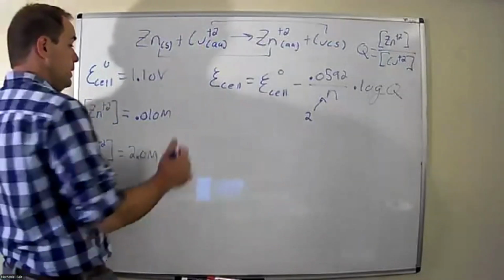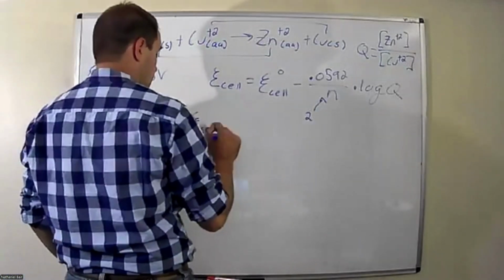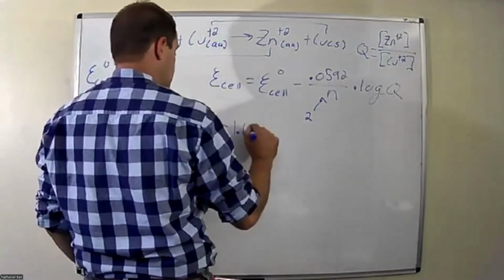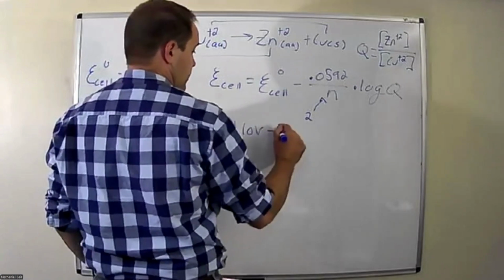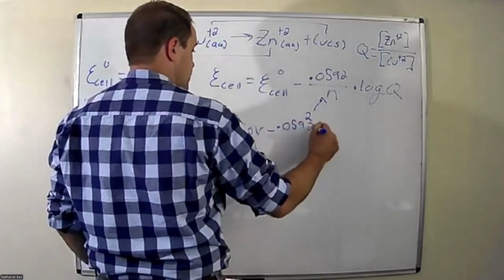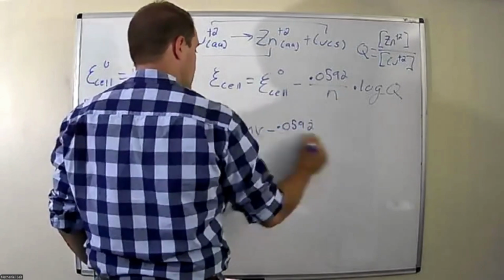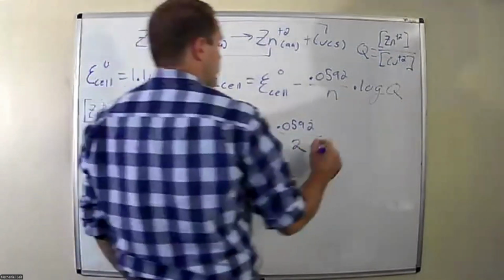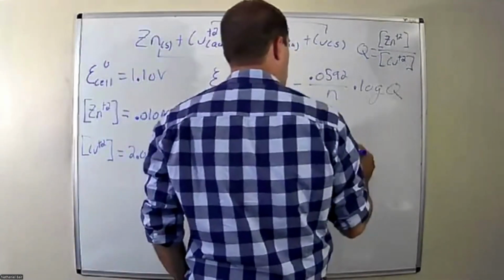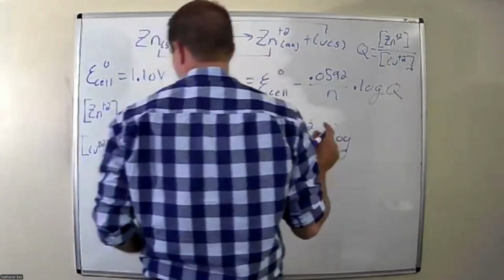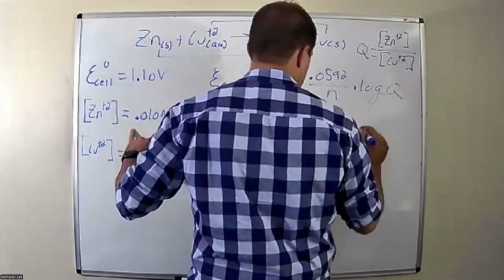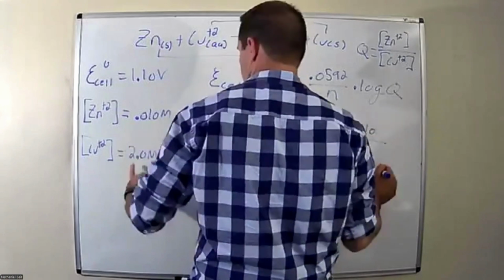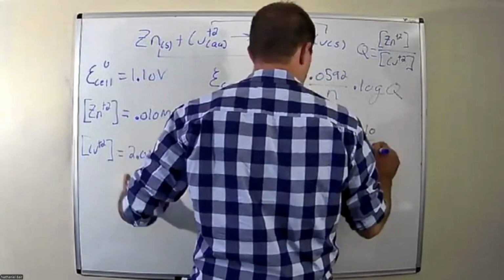So here we go. E cell equals 1.10 volts minus 0.0592 over 2 times the log of the zinc concentration on top, 0.010, and the copper concentration on the bottom, 2.